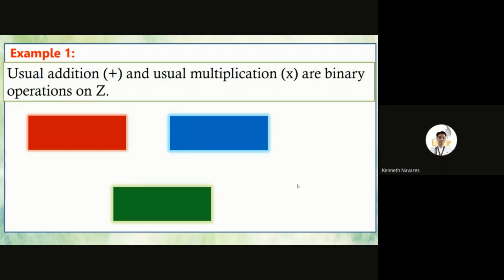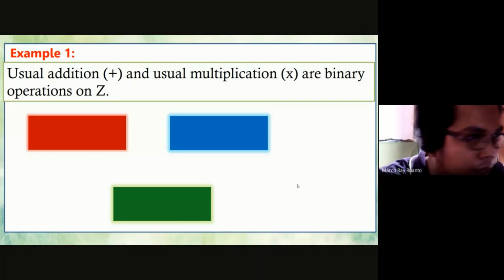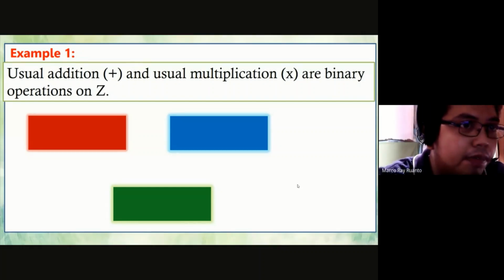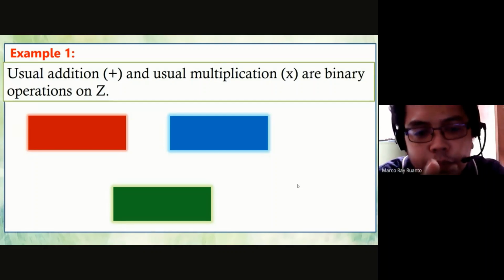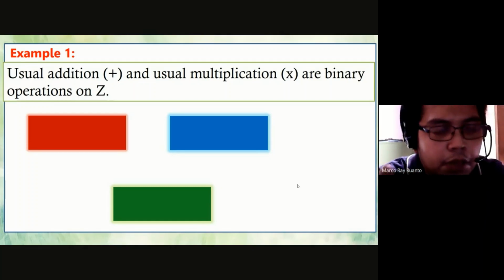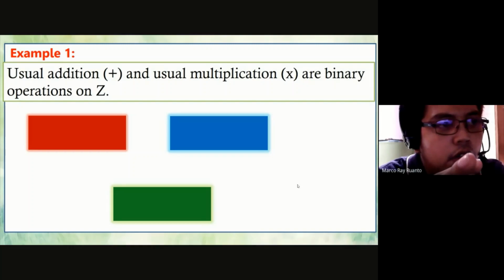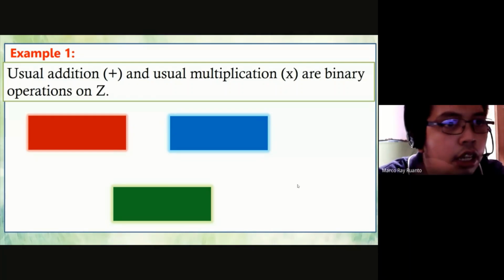Regardless if it is positive or negative, if you add two integers, the answer is still an integer. So integer plus integer is also an integer. That is also the same for multiplication. Multiplication on Z is a binary operation since integer times integer, the result would also be an integer.